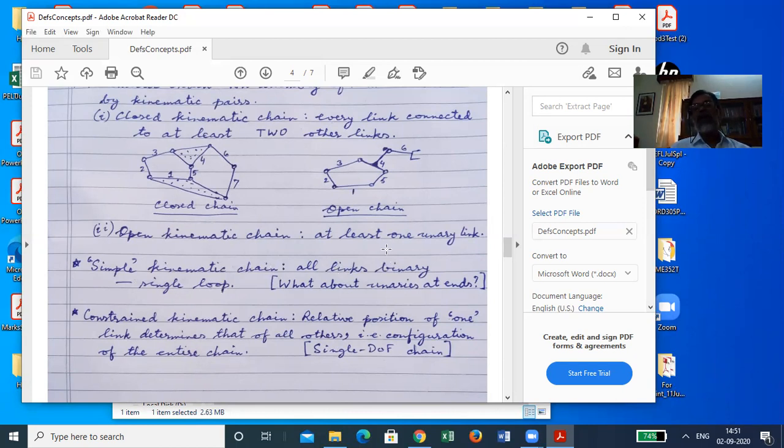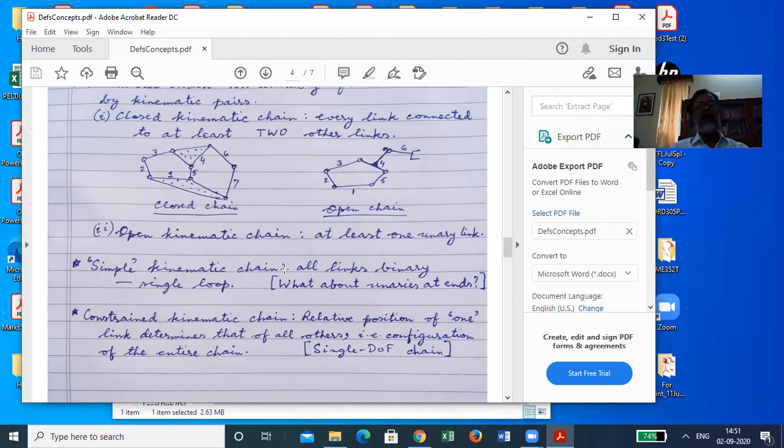You don't have to say all links binary. But at the time when this subject really developed properly, they were intensively preoccupied with closed kinematic chains, and simple kinematic chains were not really given that much importance. But in our time, they are given.